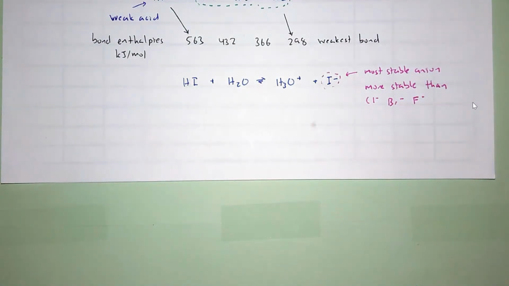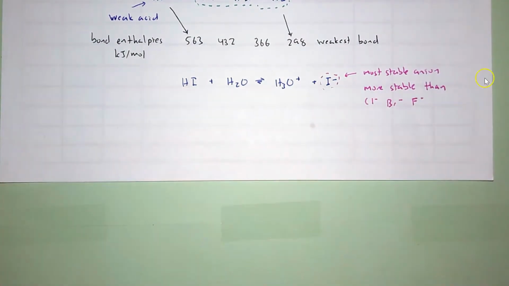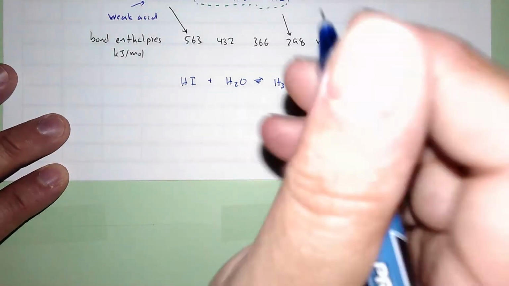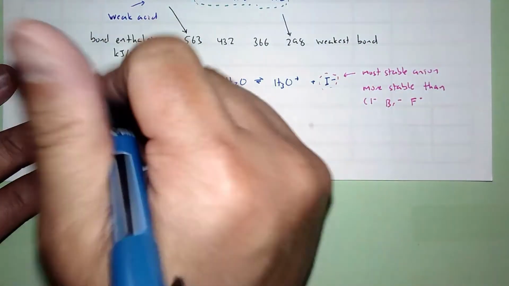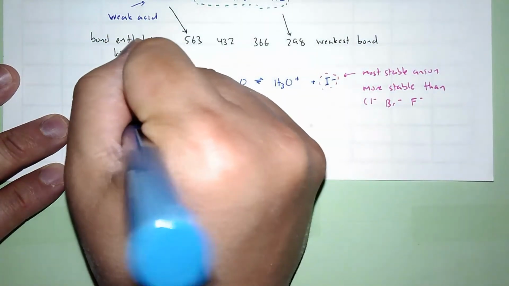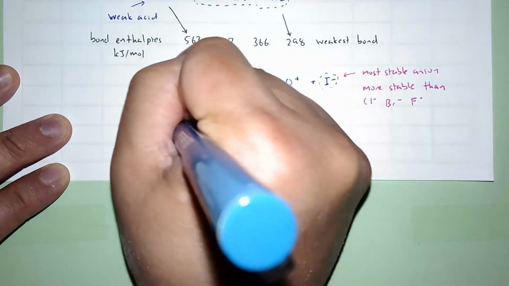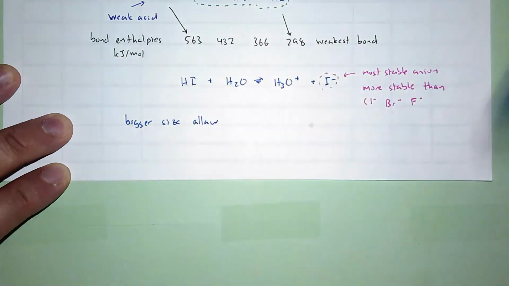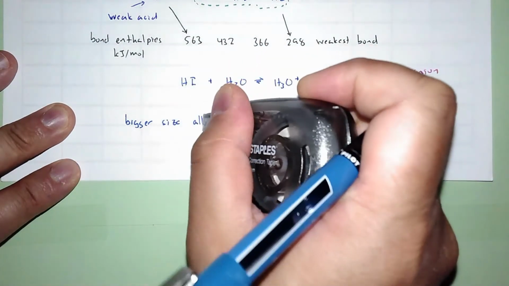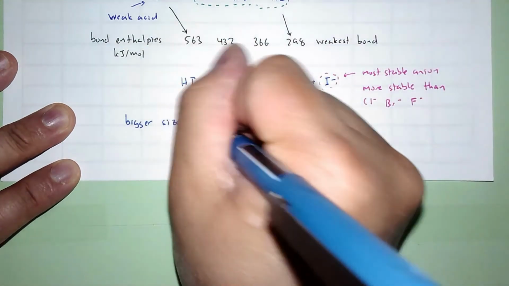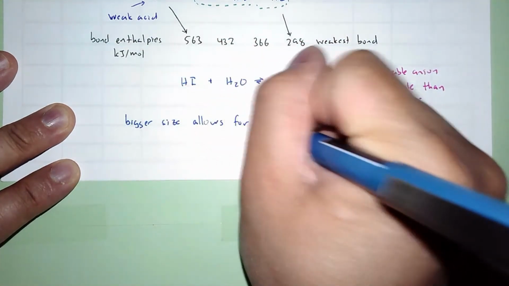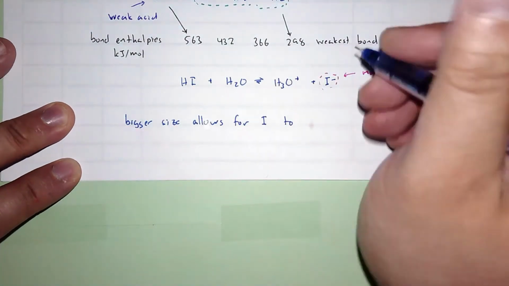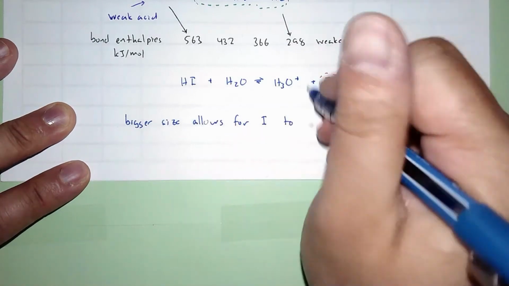It wasn't really emphasized in General Chemistry 1, but it will be here and also definitely in organic if you take organic chemistry. This is true because I is bigger. The bigger size allows I to distribute the negative charge.